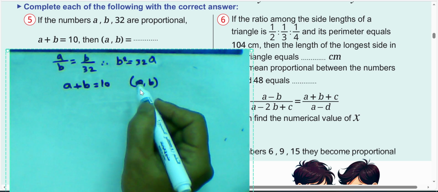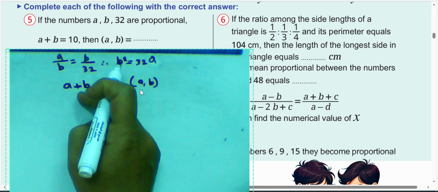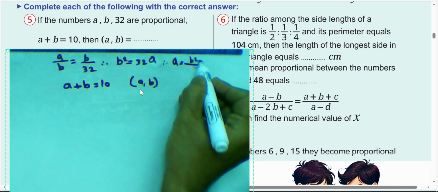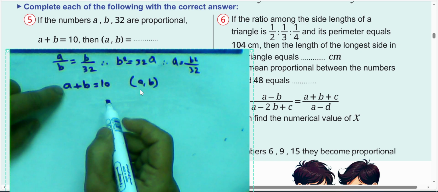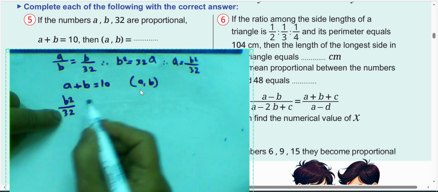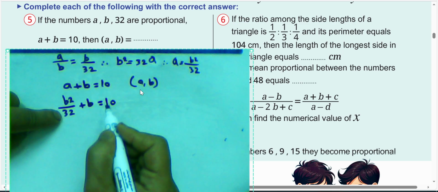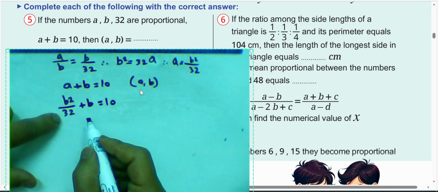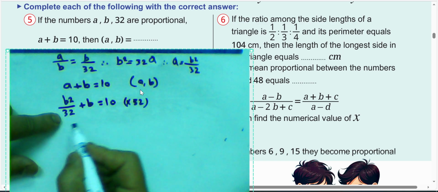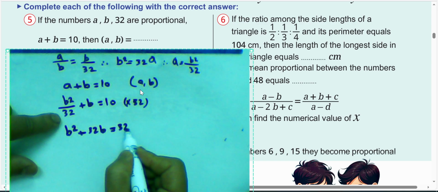Okay, we can solve the example by two methods. First method, we can put the value of a here. a will be equal to b squared over 32. Put the value of a equal to b squared over 32, plus b equals 10, and then multiply by 32 to cancel 32 in the denominator. Then b squared plus 32b equals 320.